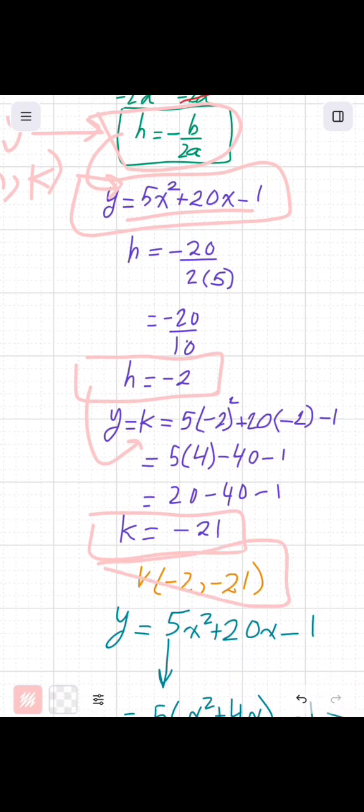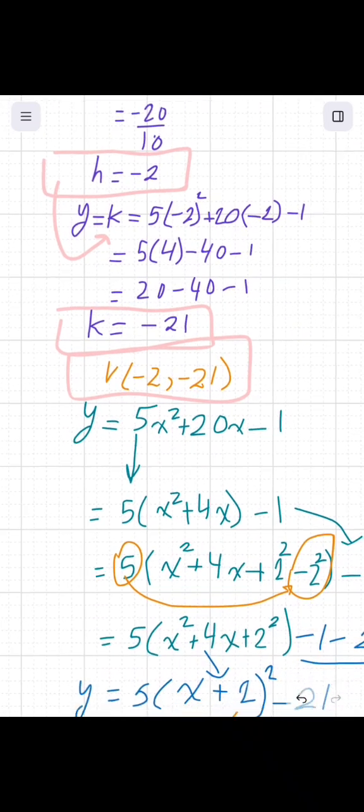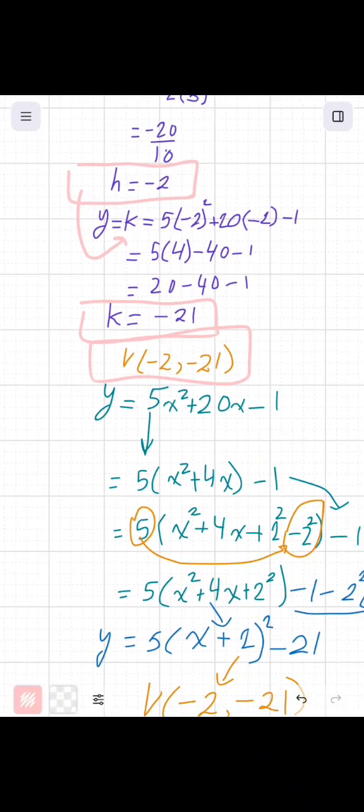So in this way I got the same value of the vertex, minus 2 comma minus 21, that I should get by solving the given quadratic equation in the standard form and converting or transforming it into vertex form by completing square method.